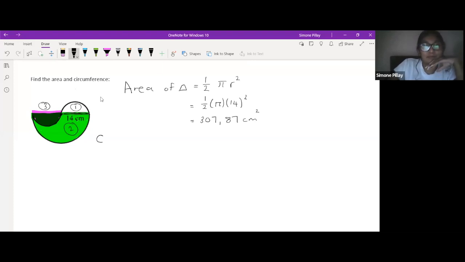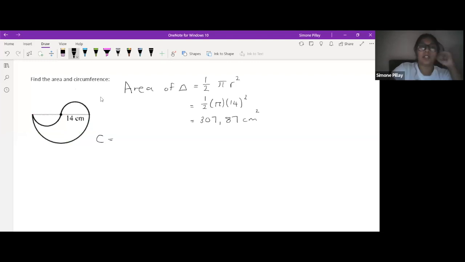Ma'am, I'm thinking we should add the whole circle up. How? What do you mean? Ma'am, we know that the whole diameter is 14 plus 14, which is 28. So then, ma'am, we found the diameter, so we can work out the whole circle.